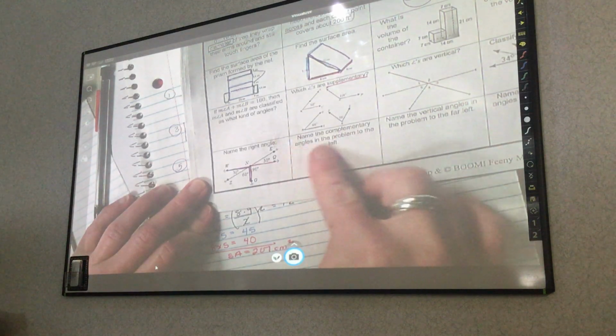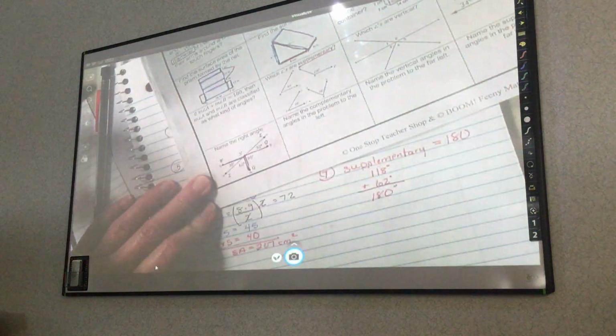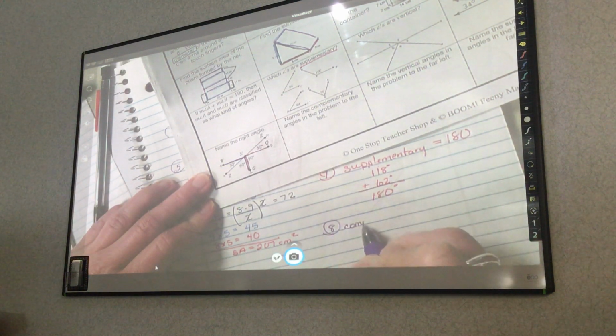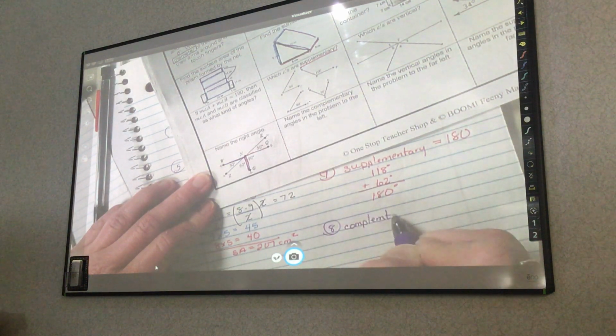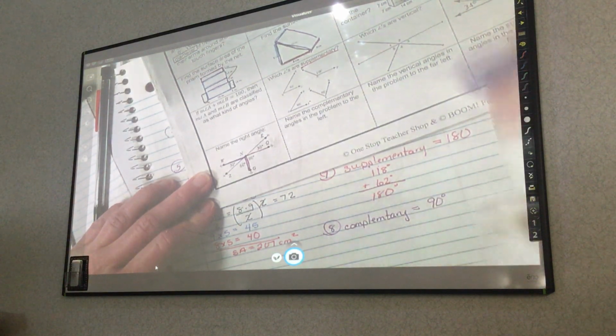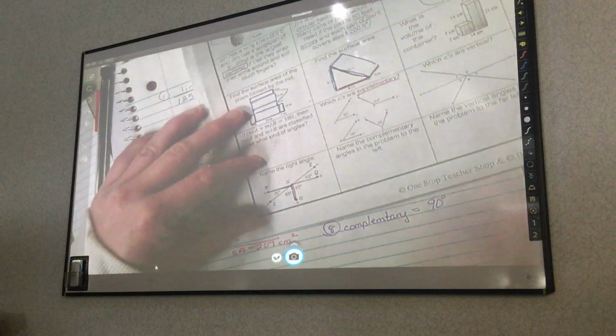Name the complementary angles in the problem to the left. Let's write complementary one more time. Complementary equals what? 90 degrees. 90 degrees. So if I look here, I have to have 2.